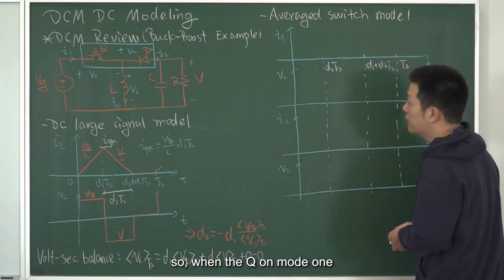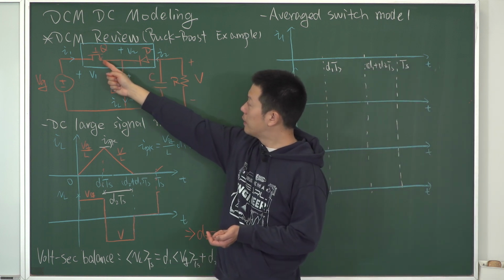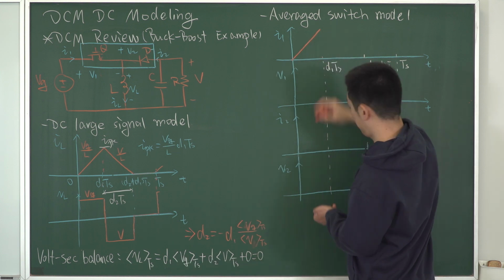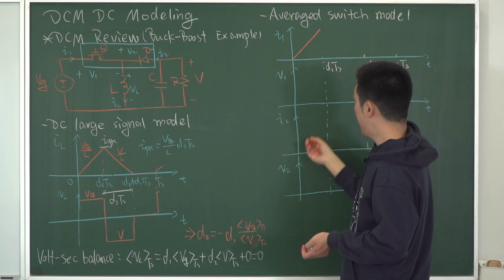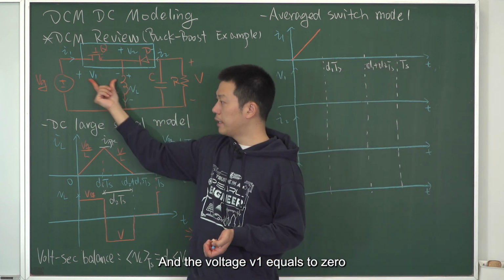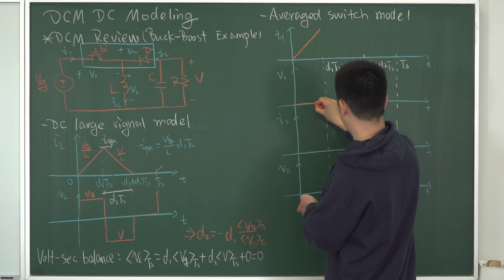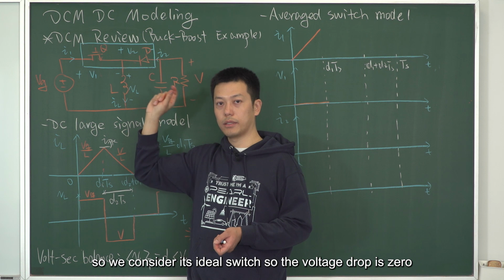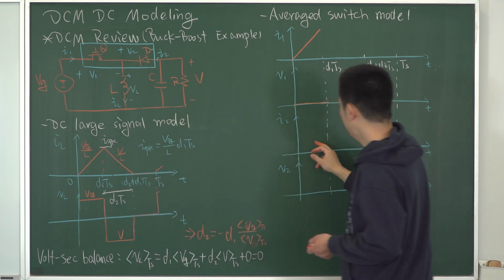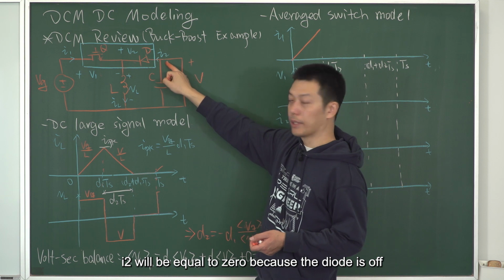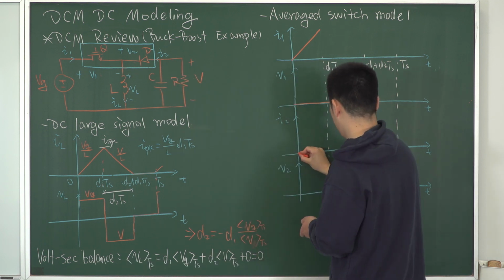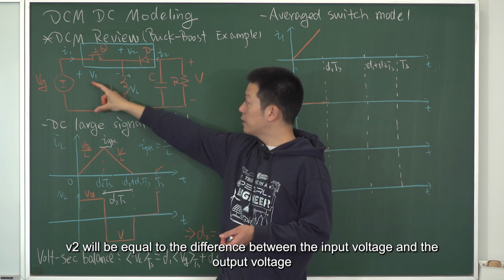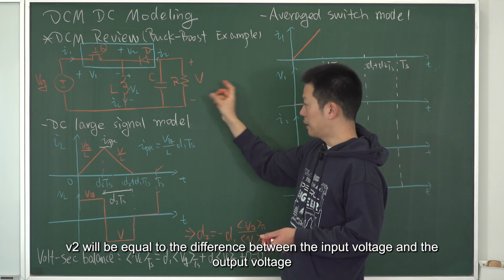When Q is on in mode 1, the diode is off, so I1 equals IL. And the voltage V1 equals 0, right? Q is on, so we consider it an ideal switch, and the voltage drop is 0. I2 will be equal to 0 because the diode is off. V2 will be equal to the difference between the input voltage and the output voltage.